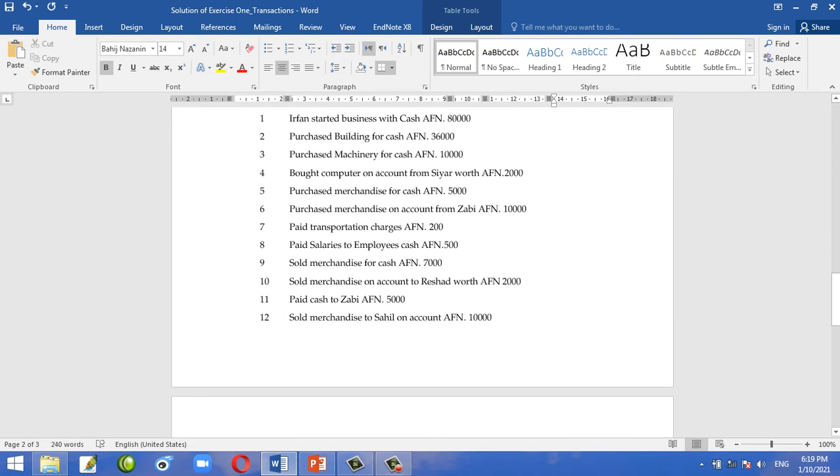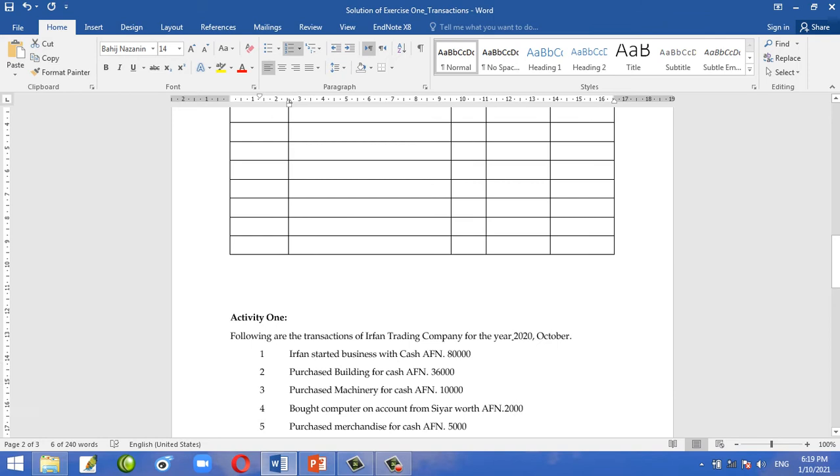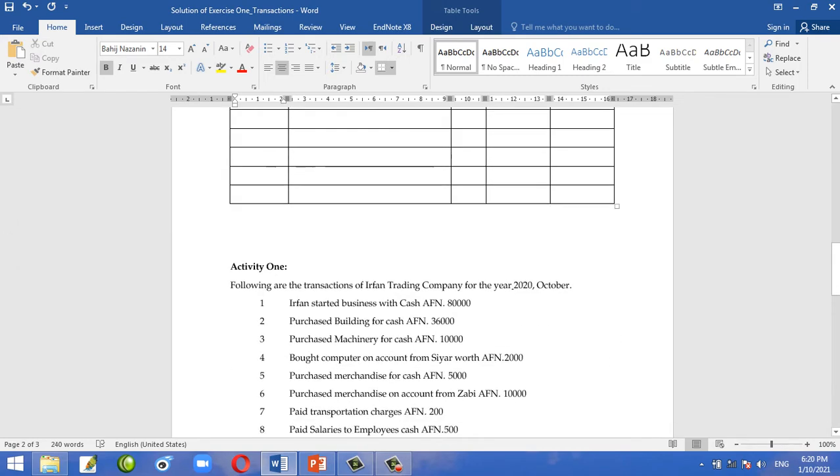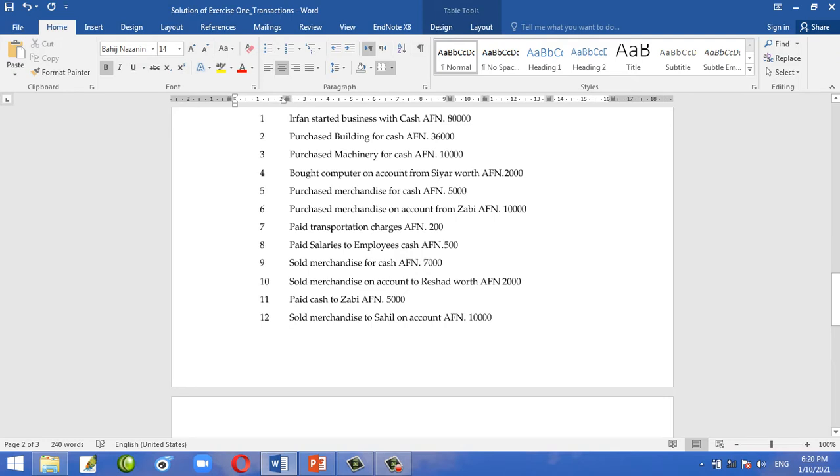Now come to the seventh. Paid transportation charge, Afghanis 200. So pay attention, we have different types of expenses in an organization. Salaries, transportation cost, electricity bills, and also telephone bills are all types of expenses.